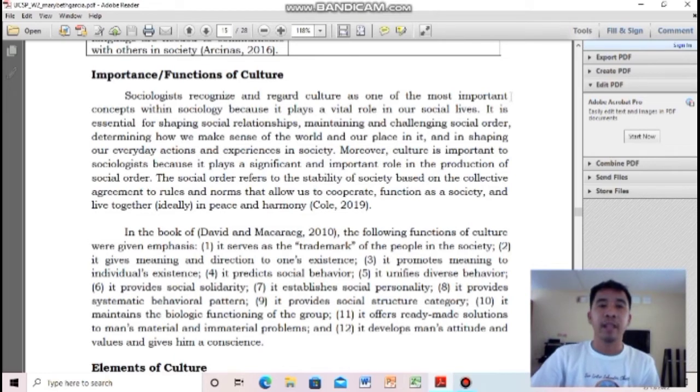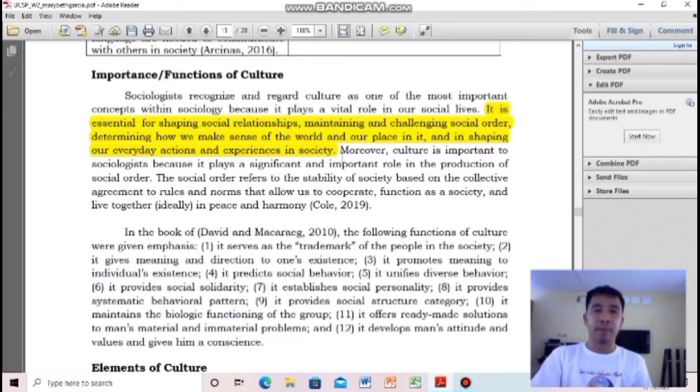Meaning to say, it is essential in shaping social relationships, maintaining and challenging social order, determining how we make sense of the world, and shaping our place and our everyday actions and experiences in society. So culture is that important because it helps shape not only our society but us individually.